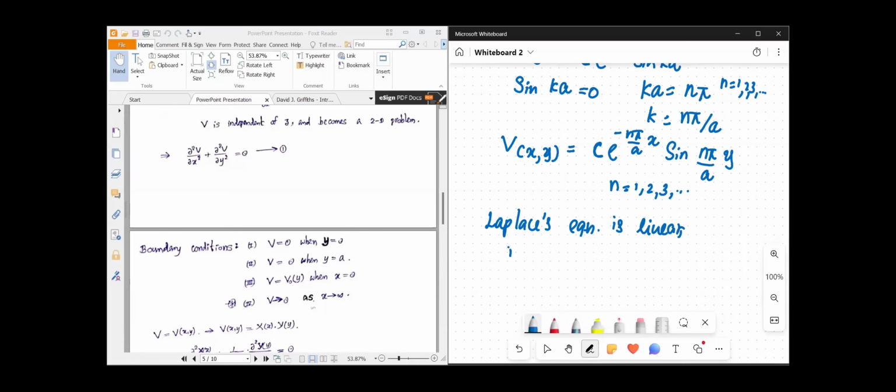Which means if potentials V1, V2, V3, all these functions satisfy this Laplace equation, so does any linear combination. So if we consider any linear combination of these potentials, that is also going to be a solution of this Laplace equation.